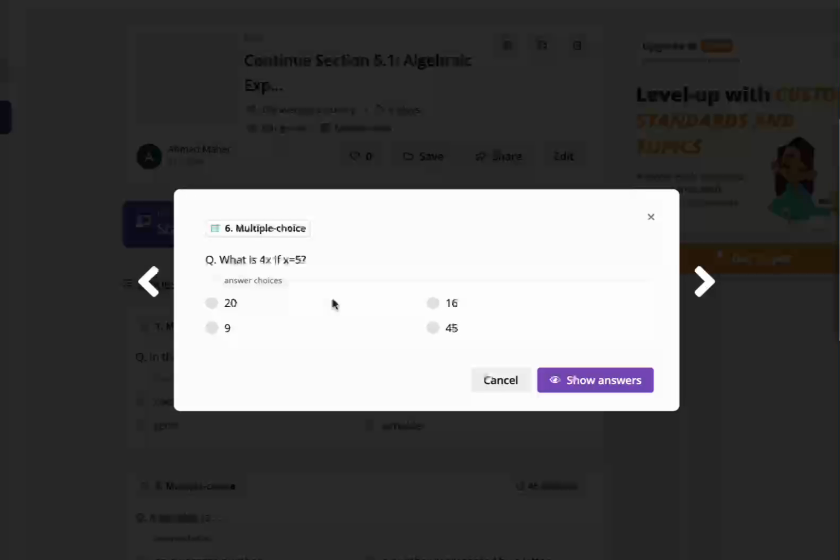I get this answer right, but he didn't say multiply or plus. Okay, I will tell you. 4x means 4 multiplied by x. So x equals 5, substitute 5 for x. So 4 multiplied by 5. And 4 multiplied by 5 is 20.